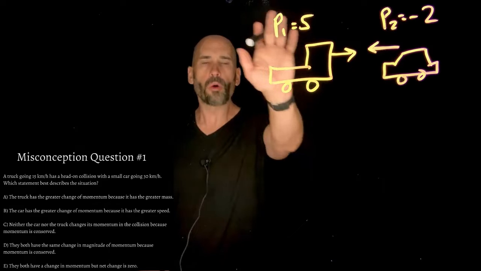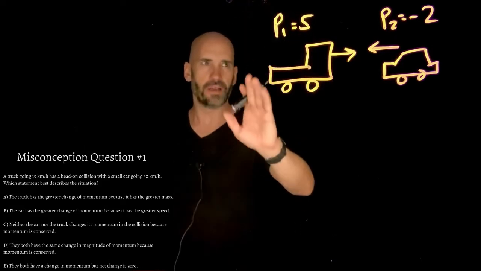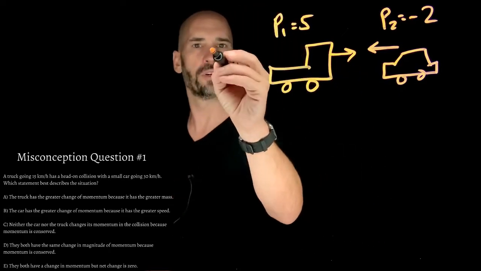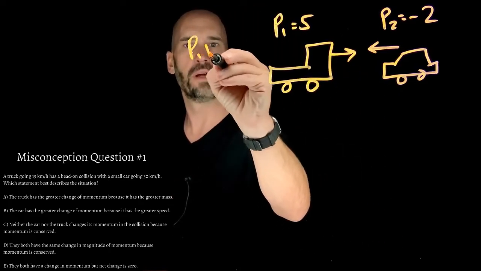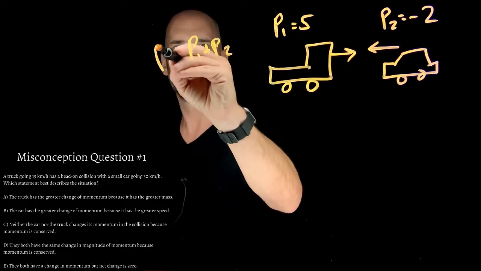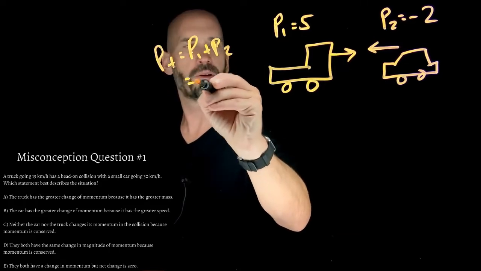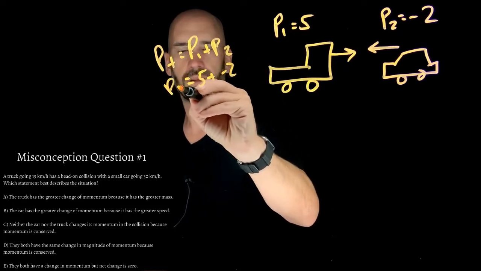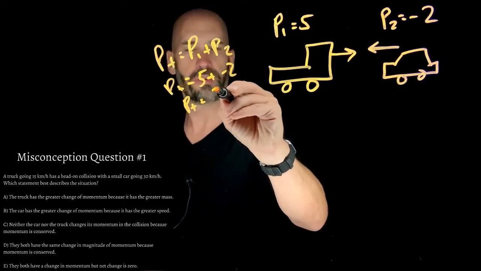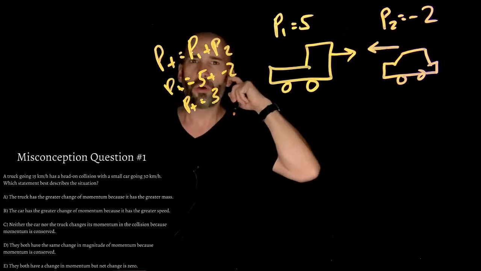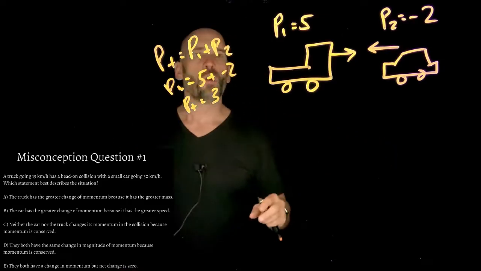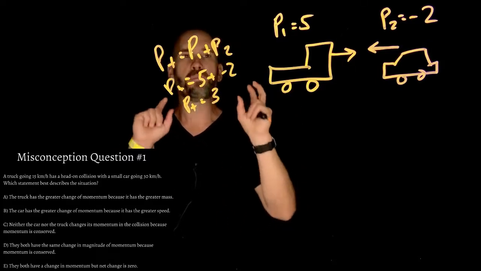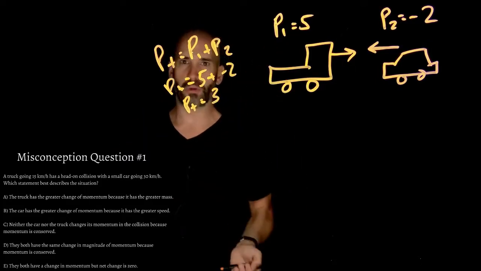We know that the total momentum of this system has to add up to, we'll say total momentum is P1 plus P2, so P total equals 5 plus -2, equals 3. So we know that after the collision, whatever the momentum of the separate truck and car are, they must add to 3. That's what conservation of momentum means.